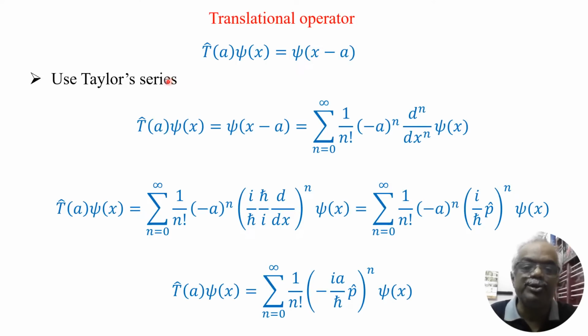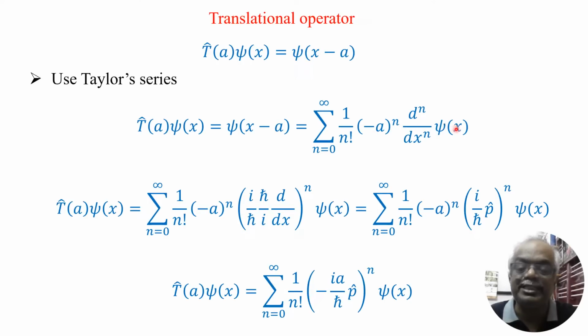Now we use the Taylor series to expand this psi of x minus a, which is equal to the summation over n equal to 0 to infinity of 1 over n factorial, minus a to the power n, d^n over dx^n, that is a derivative.